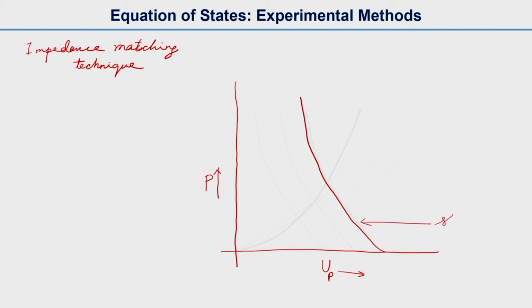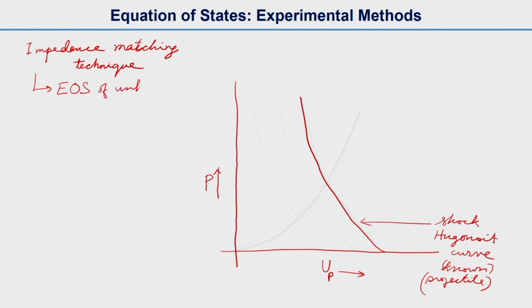This is the shock Hugoniot curve for the projectile, that is the known material. From this impedance matching curve, we want to obtain the EOS of the unknown material, that is our target material. Now we know this shock Hugoniot curve.